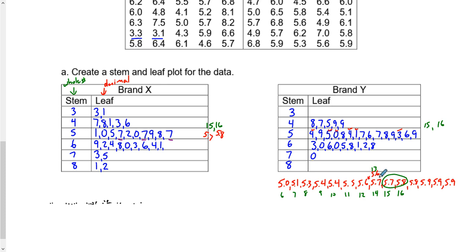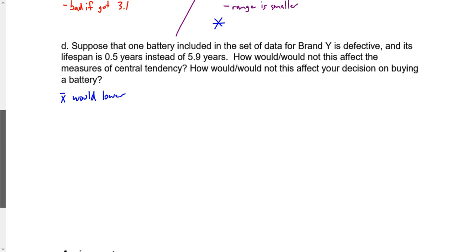Our median would actually slightly change. This would be our 15th number, and this would be our 16th number. The median would be 5.7, because halfway in between 5.7 and 5.7 is 5.7. Hopefully that makes sense.